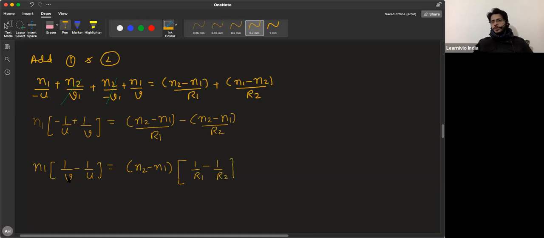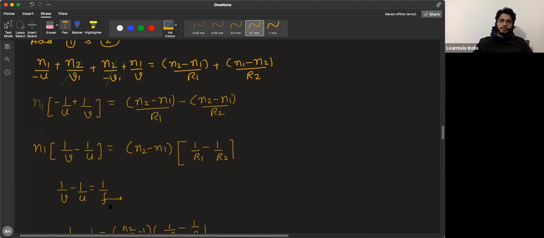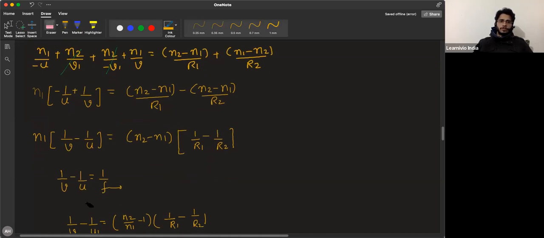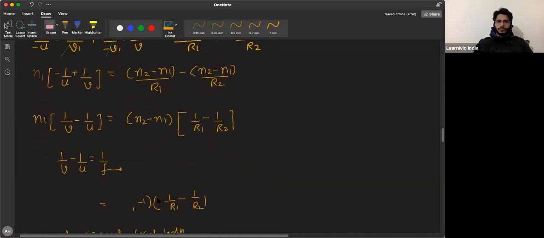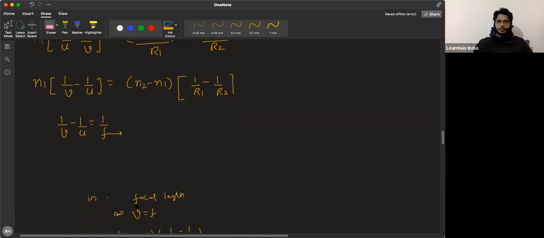This 1 by V minus 1 by U can be written as 1 by F. Which focal length is this? First focal length, second focal length? Second focal length. It's always the second focal length. So we can make these substitutions.